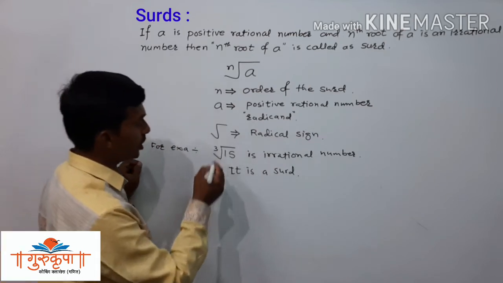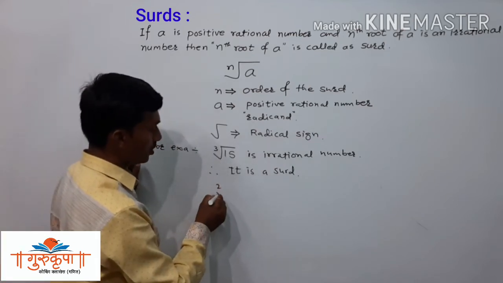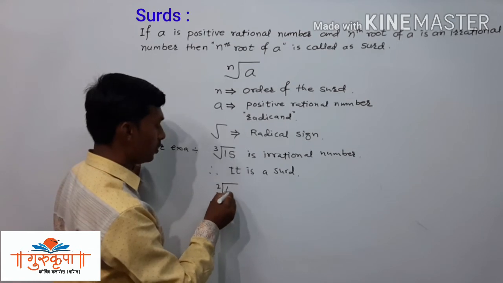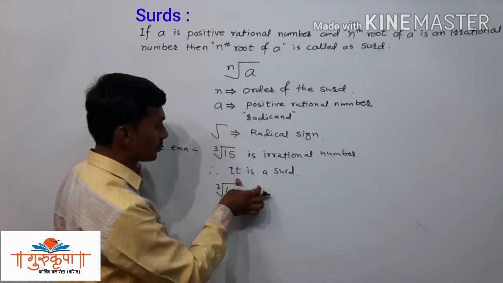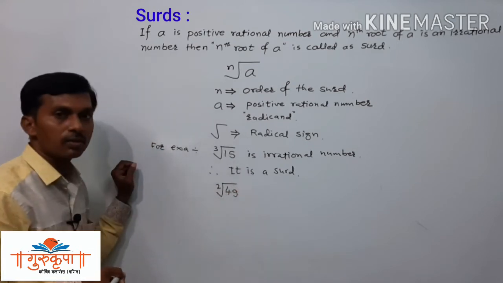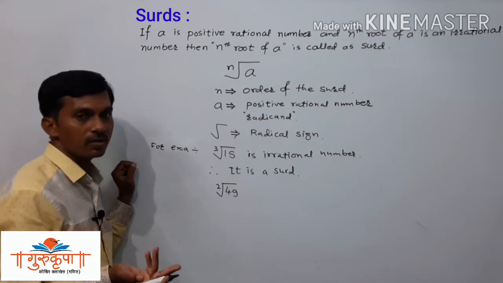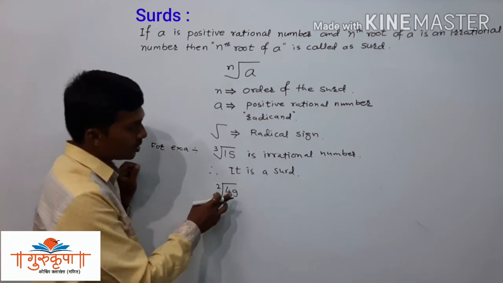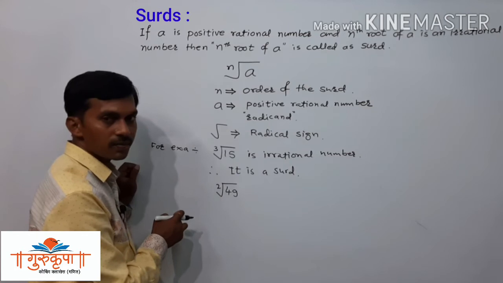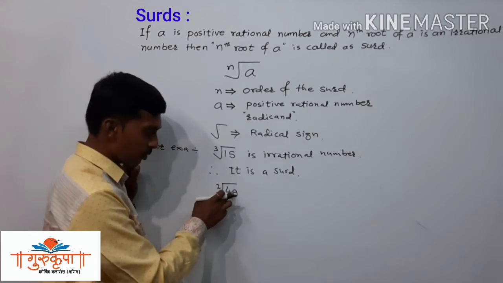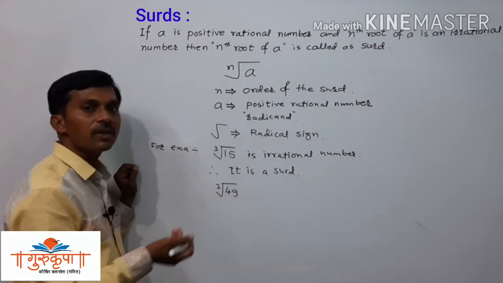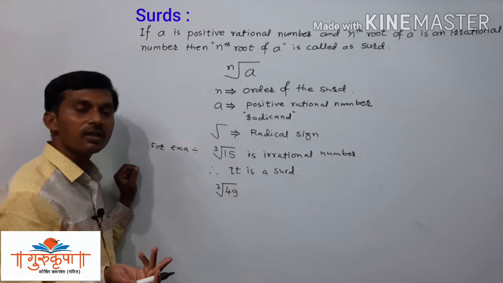Now we take one more example. Square root of 49. As all of you know, square root of 49 is 7, which is a rational number.